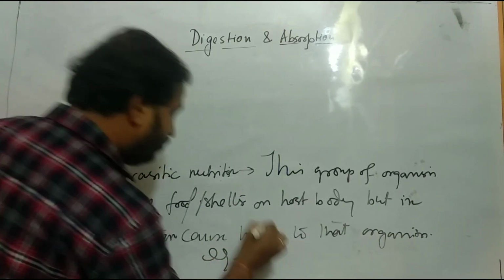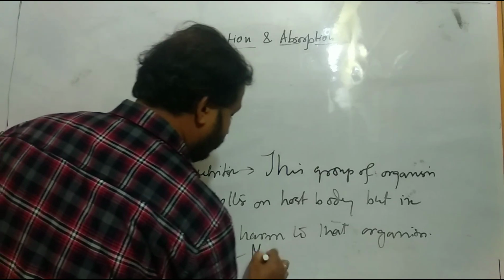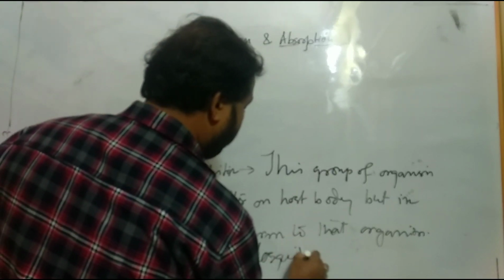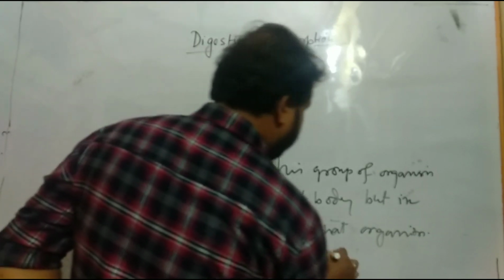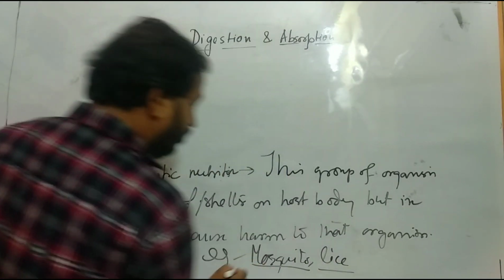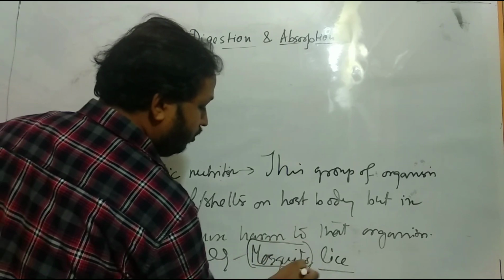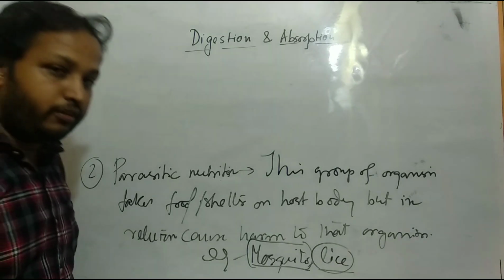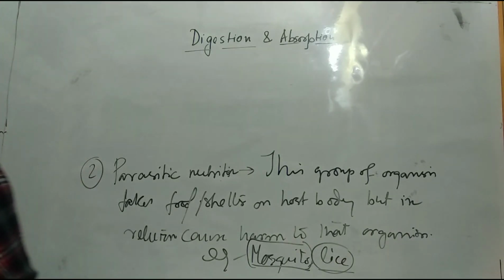For example, mosquito. For example, lice, they are dependent on organisms for their food, but in return they cause disease to that organism. So this is parasitic nutrition.